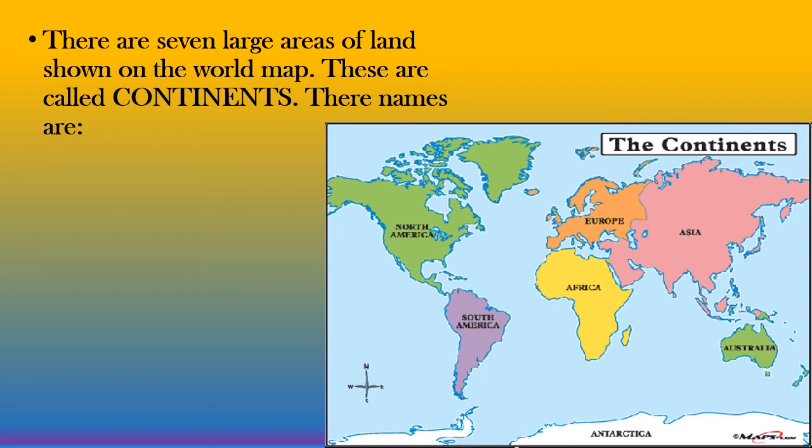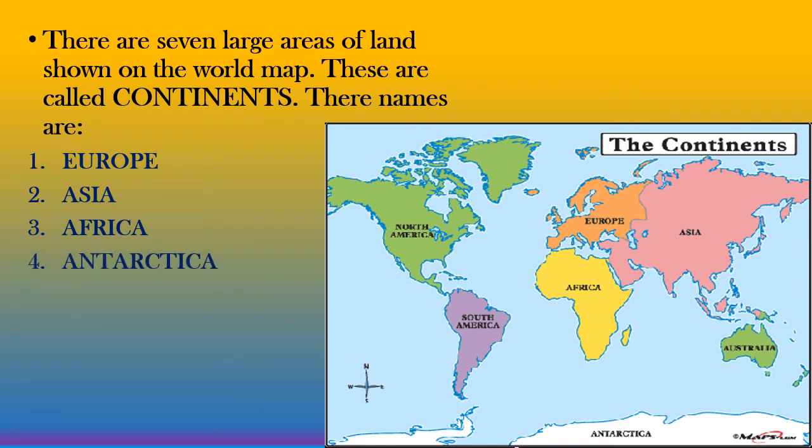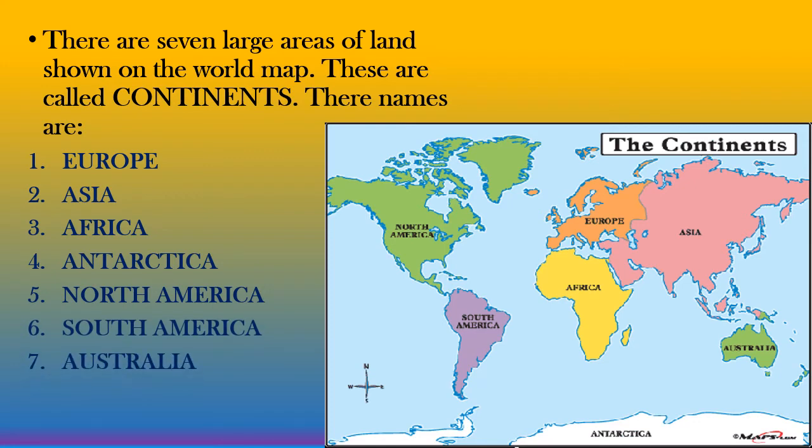These areas of land are called continents and their names are Europe, Asia, Africa, Antarctica, North America, South America, and Australia. So there are 7 continents in the world, and continents are the areas of land on the surface of the earth.